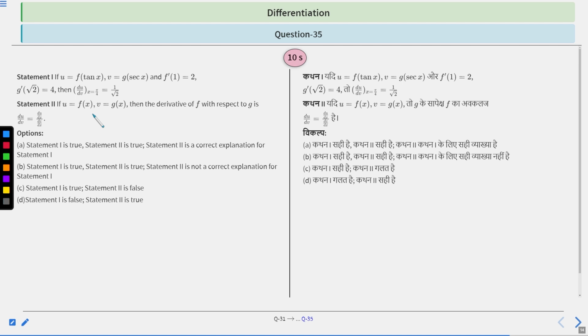Put x equal to pi by 4, and we will see whether it is 1 by root 2 or not. And statement 2 is basically, if u is equal to f(x), v is equal to g(x), then the derivative of f with respect to g is du by dv is du by dx upon dv by dx. It is looking correct, right? So you have 10 seconds to solve this question. After 10 seconds we will discuss the solution.